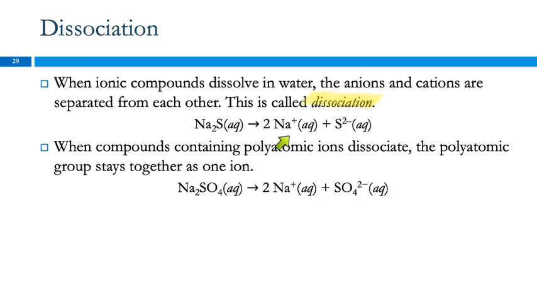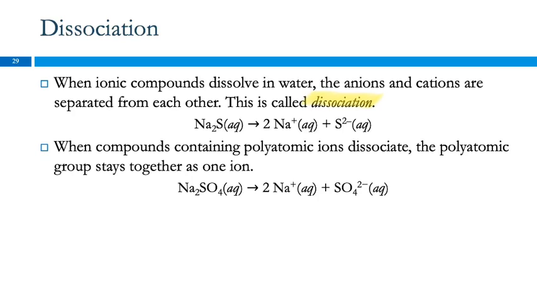The 2 came from looking at this formula and seeing there are 2 sodium ions in the formula. There are 2 sodium ions and 1 sulfide ion, so when I split them apart, I've got 2 sodium ions and 1 sulfide. This is the formula for the sodium ion. It's not Na2 2+. It's an individual ion.